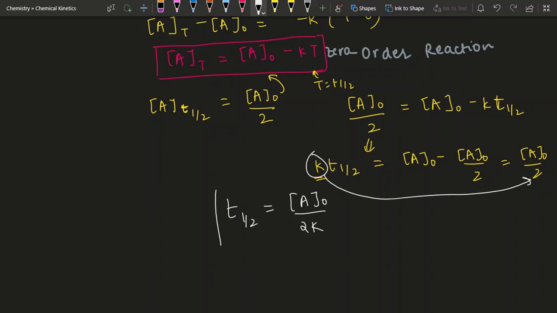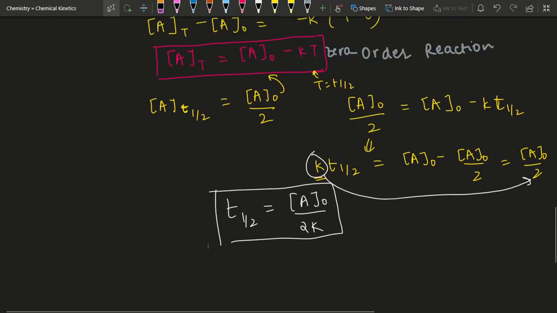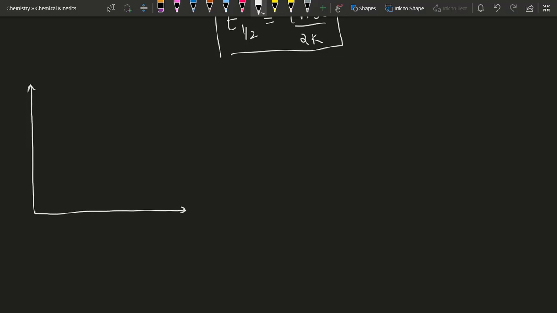And this is the half-life for a zero order reaction. And so that means if you go on and plot this zero order reaction concentration time dependence, you actually have something like this. So let the y-axis represent the concentration and the x-axis represent the time.